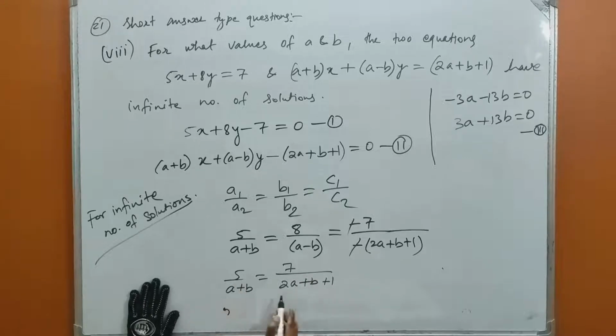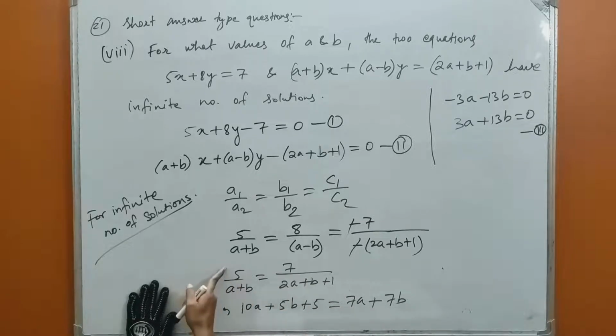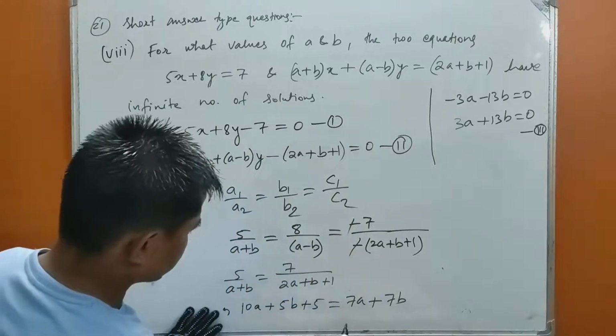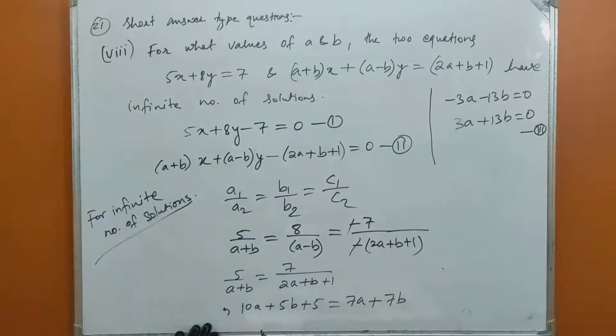Or let us cross multiply this. 5 2s are 10A plus 5B, plus 5 1s are 5 equals 7 into A, 7A plus 7 into B, 7B. This is cross multiplied here and this is cross multiplied here. Now let us bring everything to the left hand side.